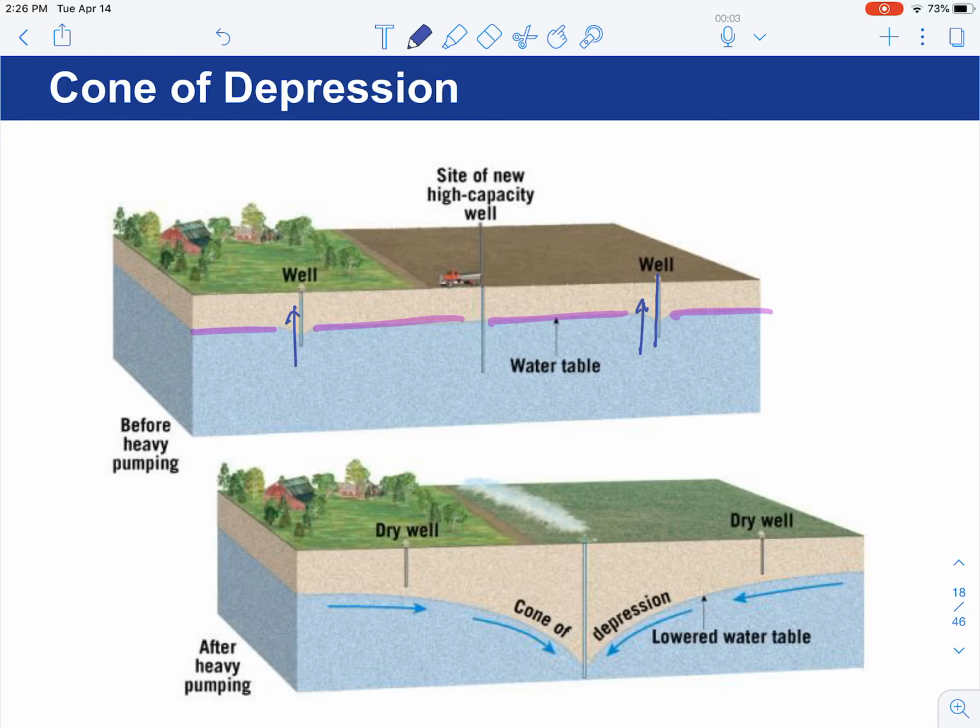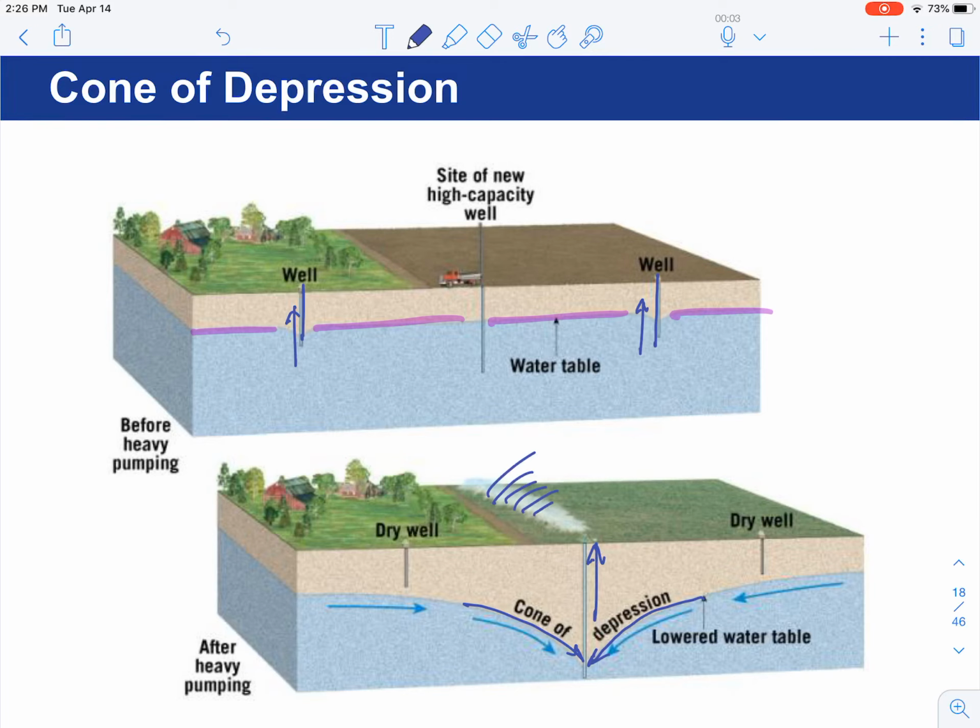So you can think of it kind of like a straw in a can of soda or whatever. And so as you suck the soda up the straw, it's going to lower the water table beneath it, and it creates something we call a cone of depression. So there's almost like a suction, a force that causes the water table to drop closest to the well that's pumping the water up and out.